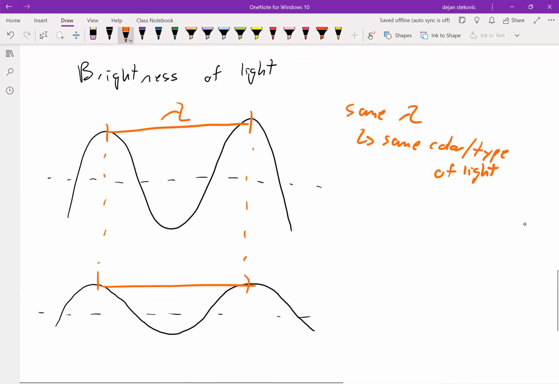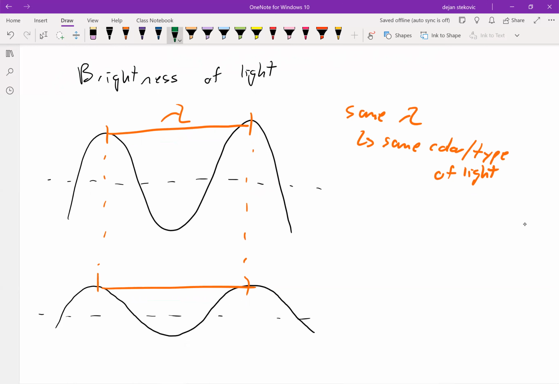The brightness of that light, how bright it is, is determined by the height of the peak, or what we call the amplitude. You can see in this top picture the amplitude is much larger, and so that becomes a brighter light. Larger amplitude equals a brighter light.